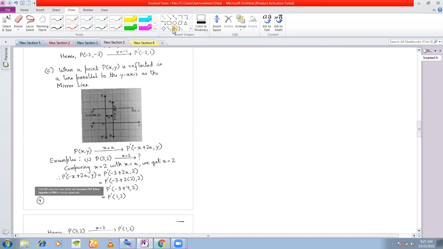Let us say now another thing before I proceed with reflection again. Equation of a straight line parallel to the y-axis. Let's see.